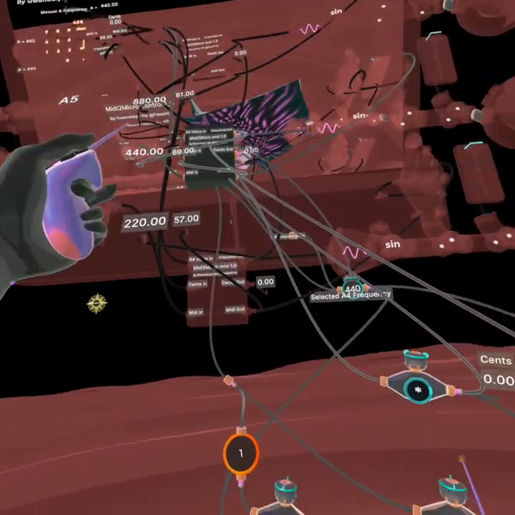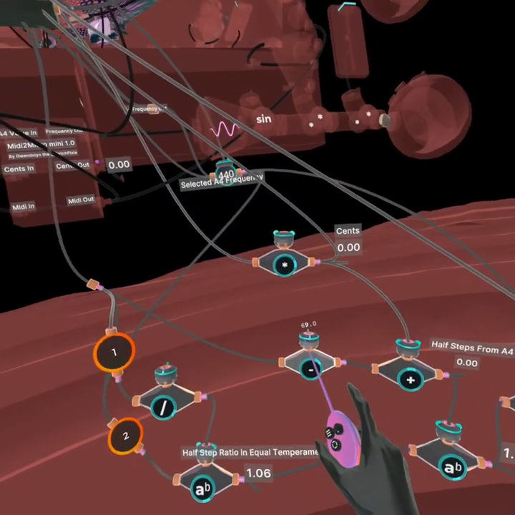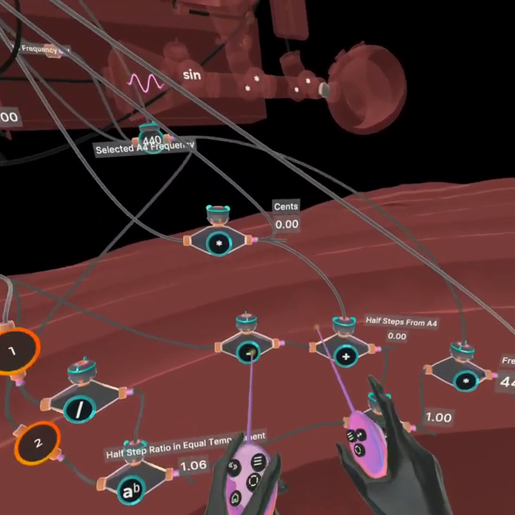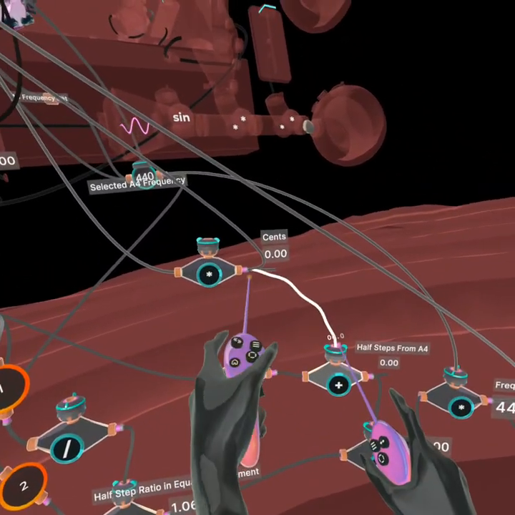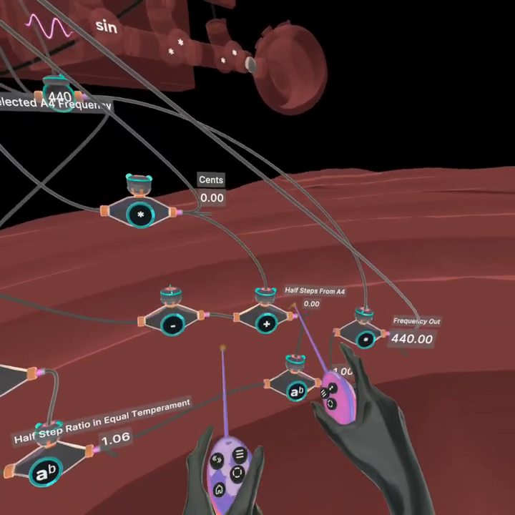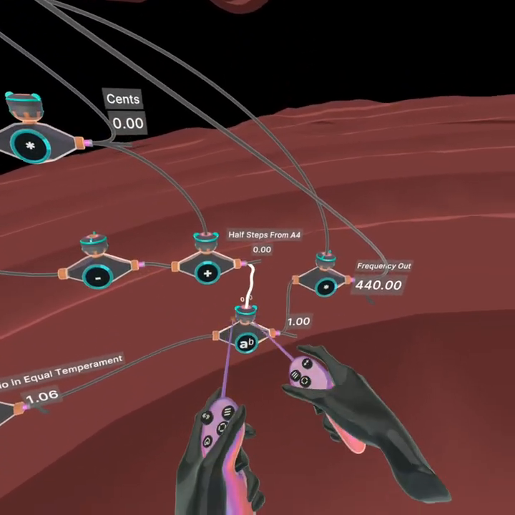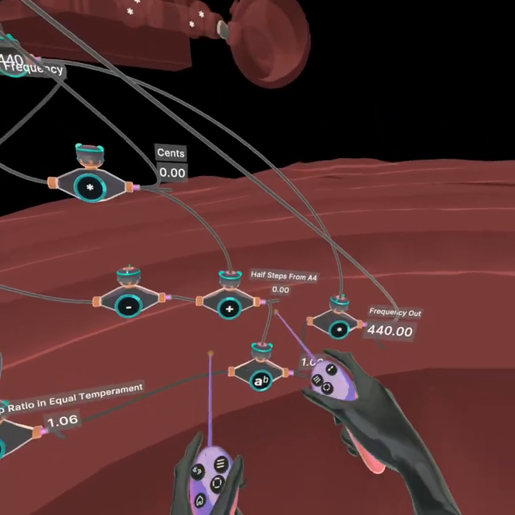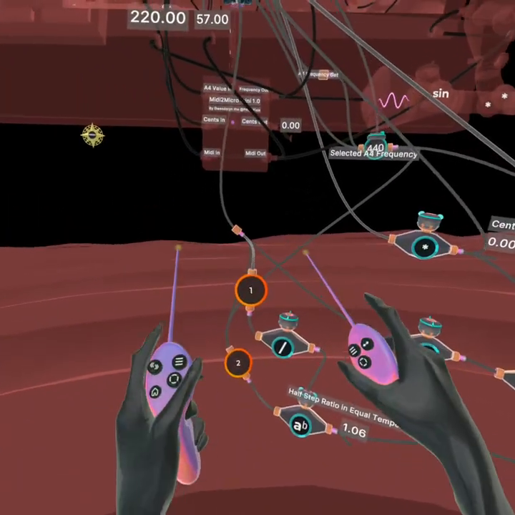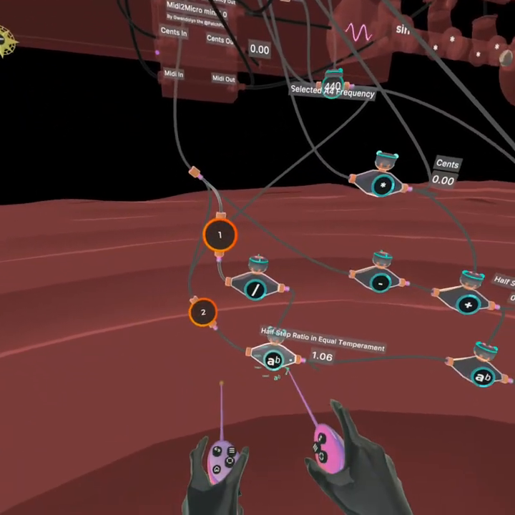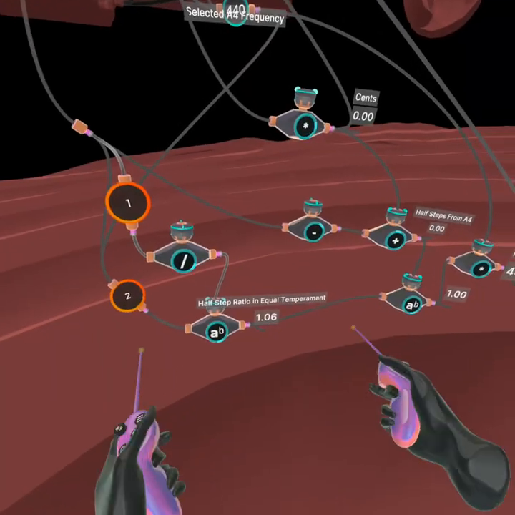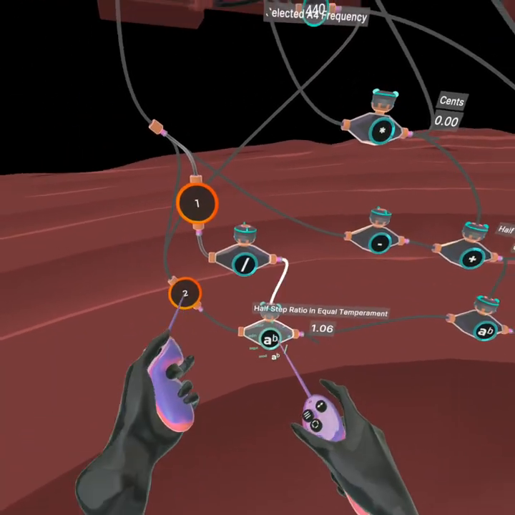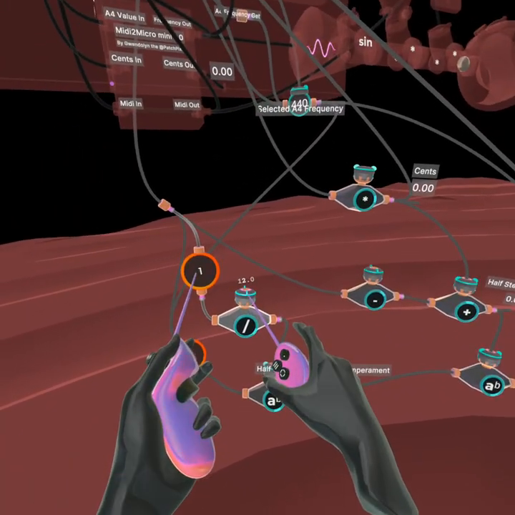So if we subtract 69 from A, the MIDI number for A becomes 0. Then we add our cents, so the plus point number, and that equals the B here in this equation. So we essentially take this number 1.06 whatever, which is essentially 2 to the power of 1 over 12.